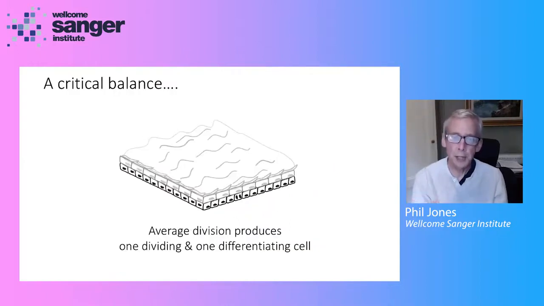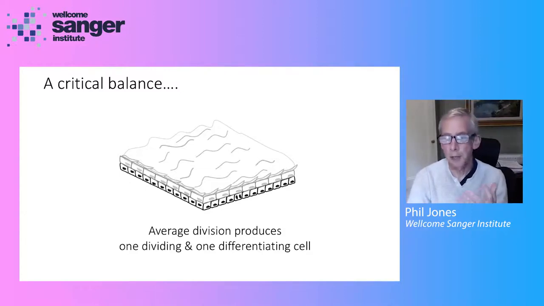There's a critical balance, not only in the cells that are shed and the cells that are made, but also in what's going on in this dividing cell layer at the bottom of the tissue. And if the tissue is going to be sustained, it has to be true that on average, a division will produce one cell that goes on to divide, maintaining the dividing cell population, and one cell that will differentiate and leave the dividing cell layer.